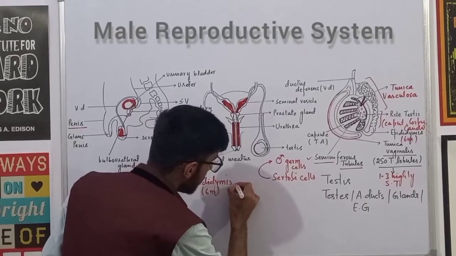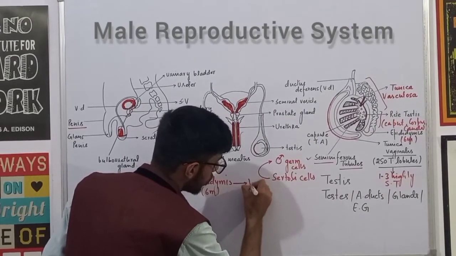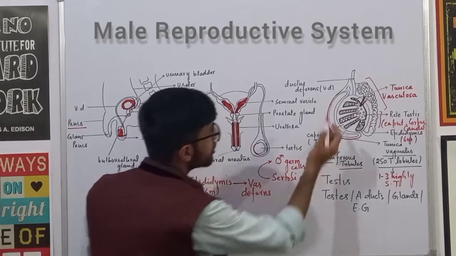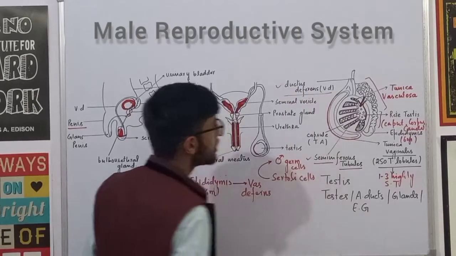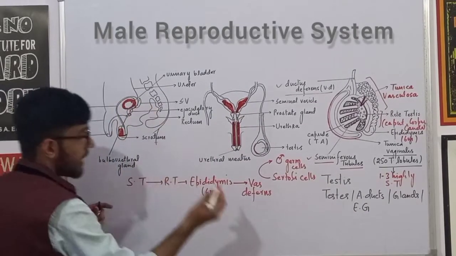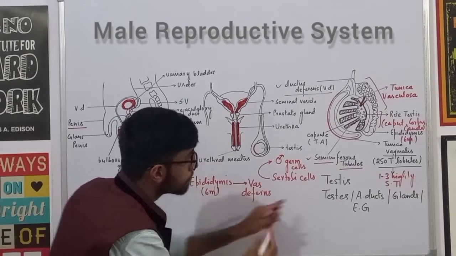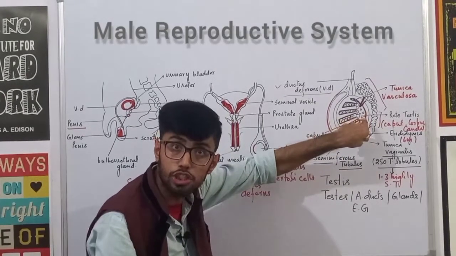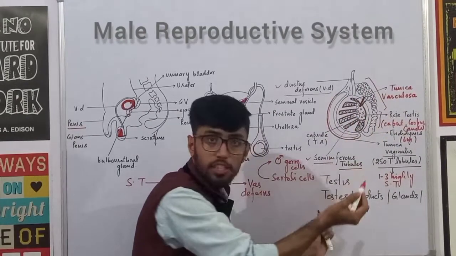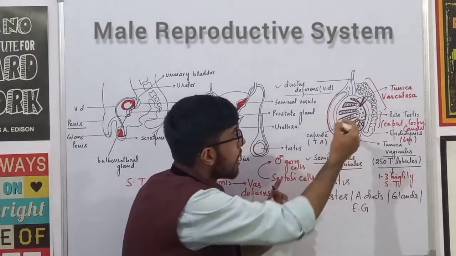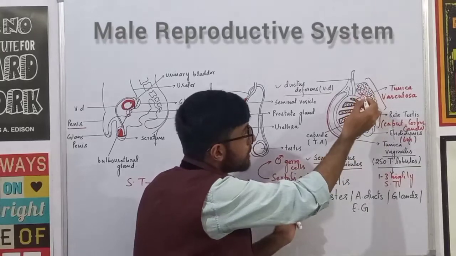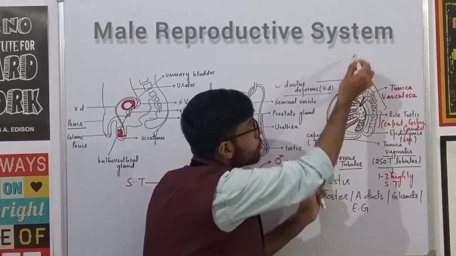Now from the epididymis, the sperms travel to the vas deferens. Vas deferens is also known as the ductus deferens. In this diagram, this is the vas deferens. That is a tube that takes sperms from the testis or the scrotum. The entire testis and epididymis are located in the scrotum. Now the male germ cells are taken from the scrotum to the abdominal cavity.